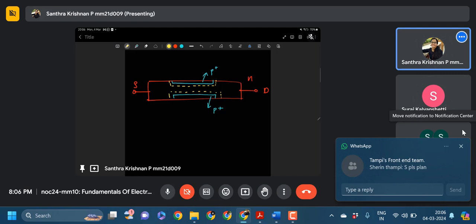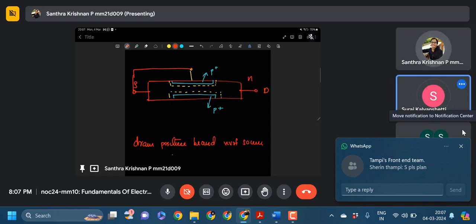Now, to see how pinch-off happens, first consider the case where the voltage between gate and source is zero, that is, they are shorted with each other. The drain is positively biased with respect to the source. How would this translate in terms of voltage?